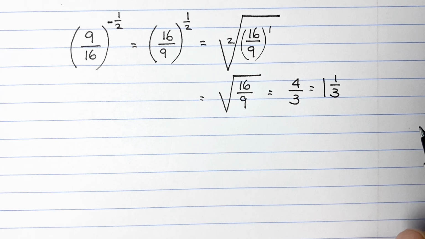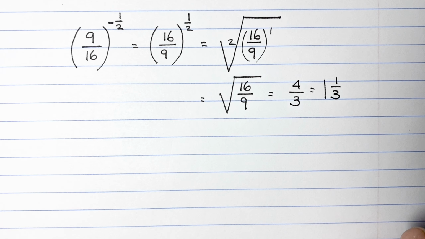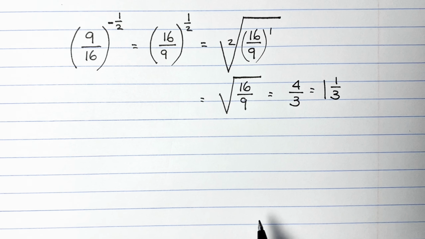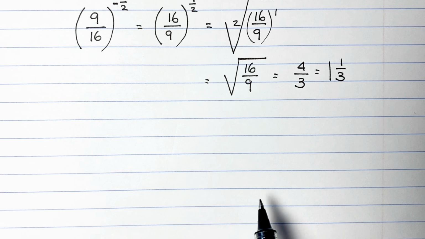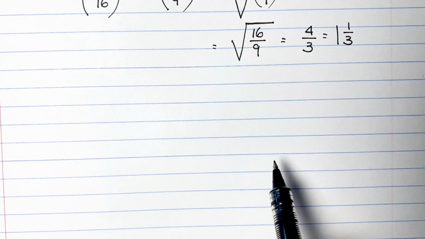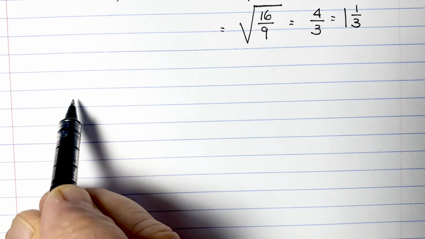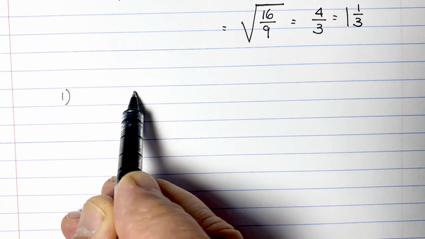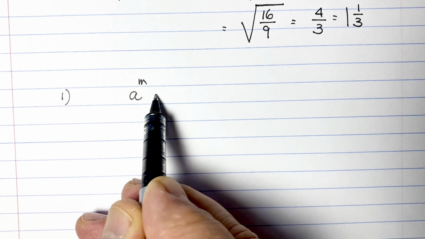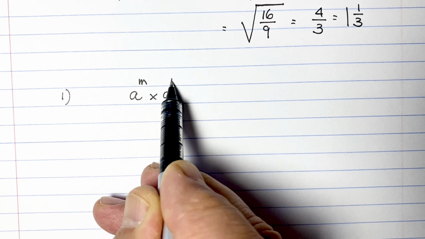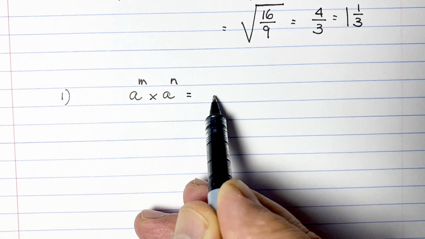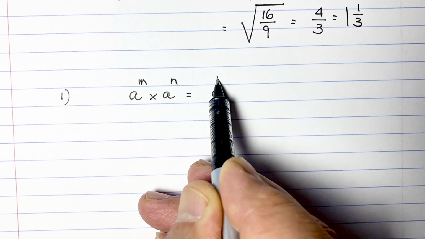Okay, we have now finished all 5 laws of indices. Just to summarize, I write the formulae for the 5 laws of indices in order. So now, law number 1, a to the power of m times a to the power of n. When you multiply, you add up the powers.